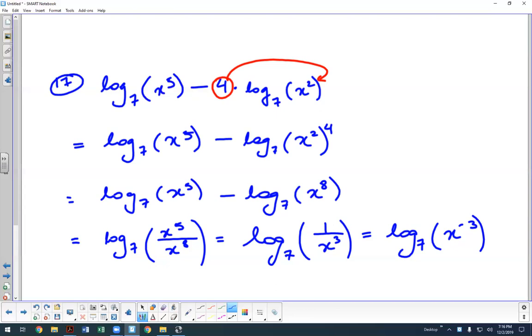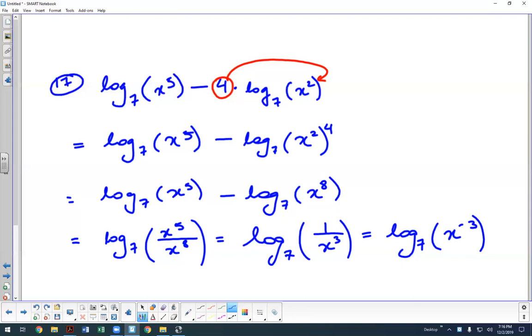I'm not sure they're going to want you to bring that -3 in the front, because if you bring the -3 in the front, you're again splitting it up. It's not a single log anymore. So either 1 over x to the 3rd or x to the -3, you just have to see what MyMathLab wants. On paper, of course, I'd accept either of those two answers.